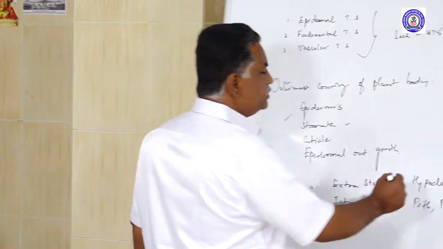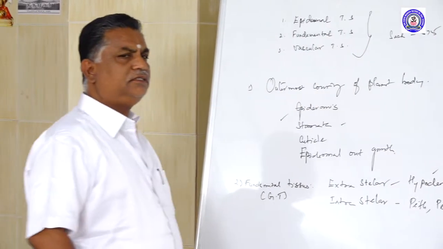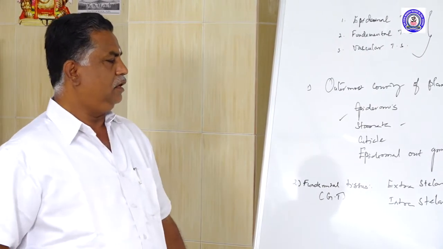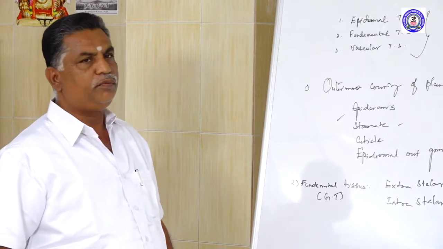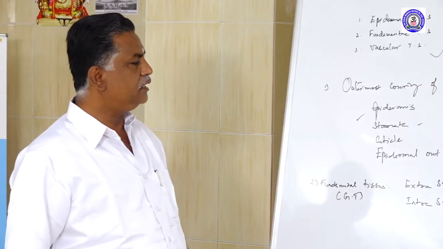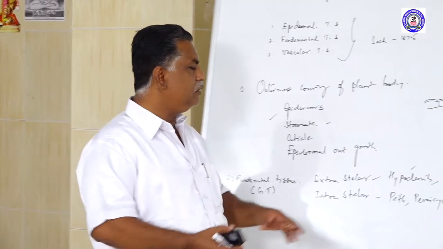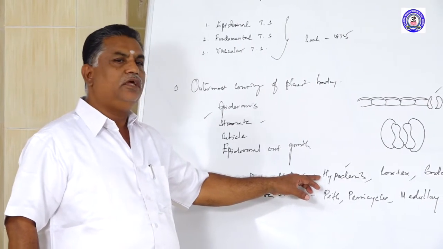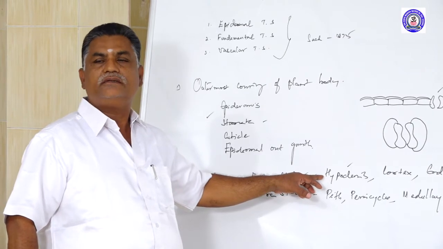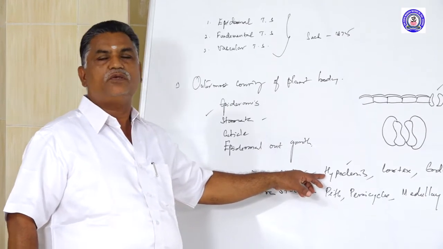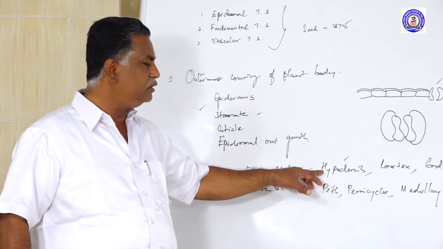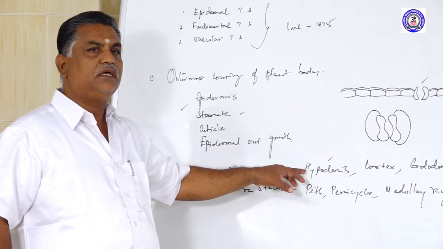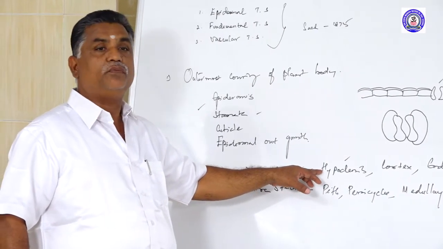You know hypodermis. This is a few layers and it varies from plant to plant. For example, if you take a dicot stem like Helianthus, it extends for 3 to 4 layers and they are made up of collenchyma. In the case of maize, it is made up of sclerenchyma cells. What is the function of hypodermis? Hypodermis gives mechanical support.